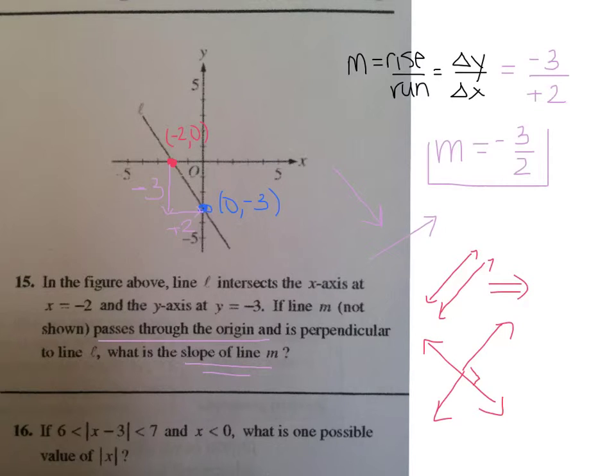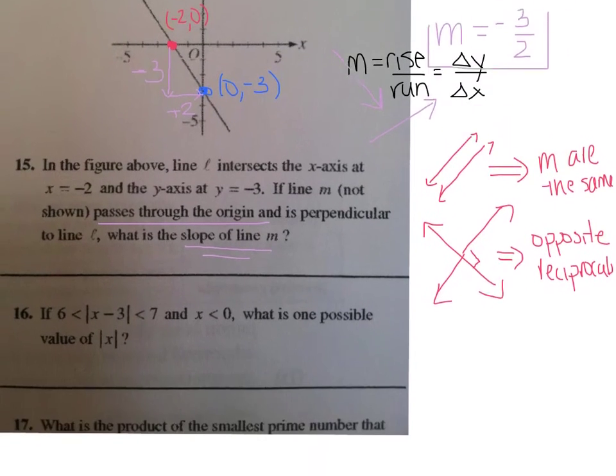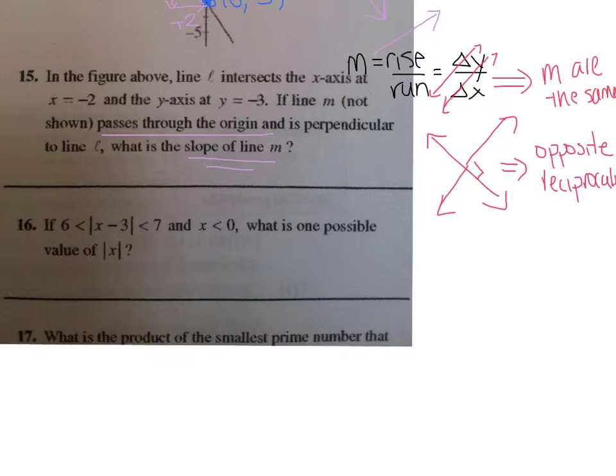In the case of parallel lines, in case this question changes, the slopes of your two lines are going to be the same. In the case of perpendicular lines, your slopes are going to be opposite reciprocals. I'm going to write this down here: the word opposite means that there are different signs for each, so one should be positive, one should be negative.